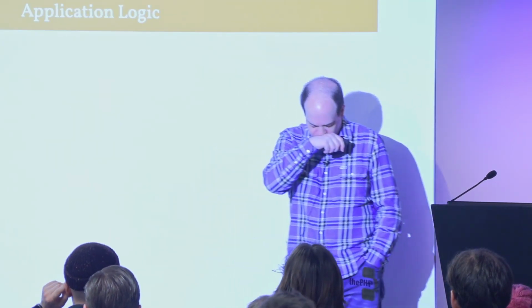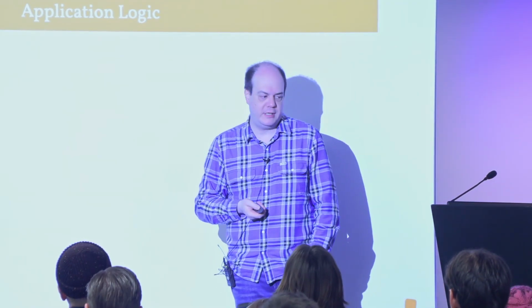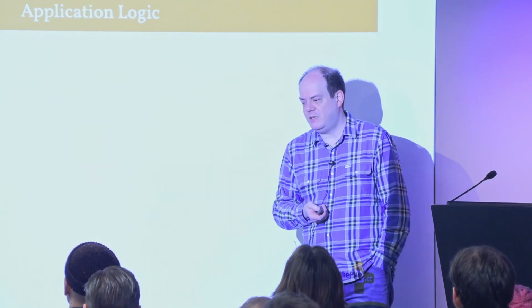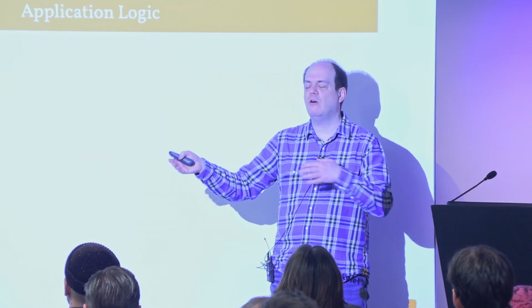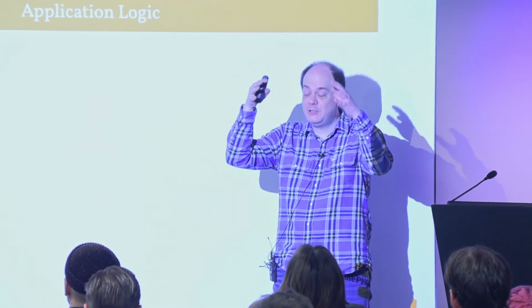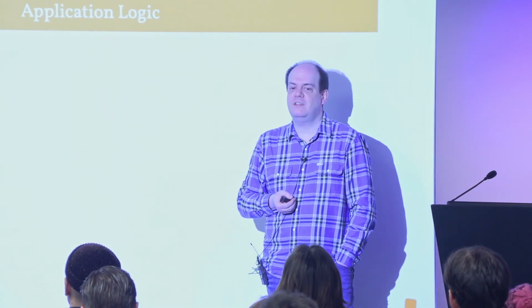Okay. I just mentioned the term domain logic. There's different types of code in our application, and depending on what angle you want to look at it, this is my preferred angle of looking at it. It starts with the application logic.